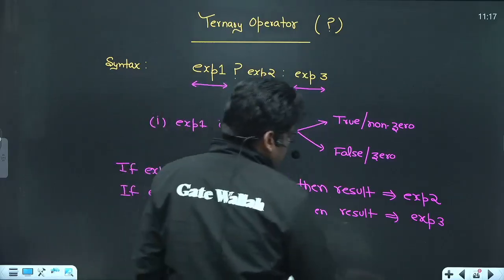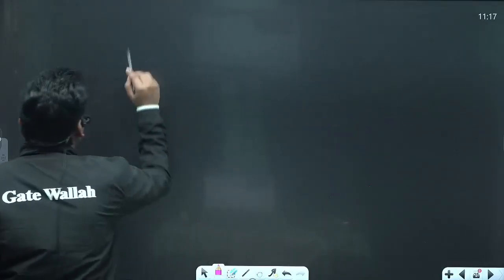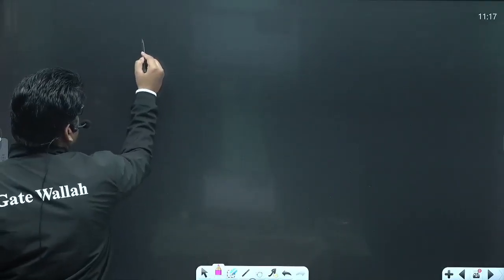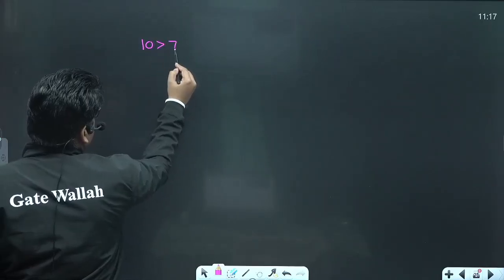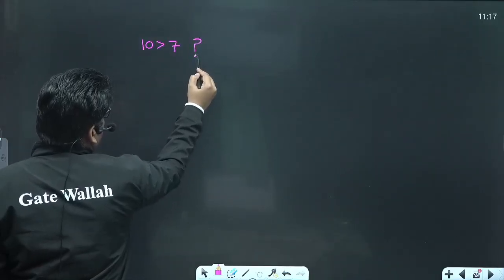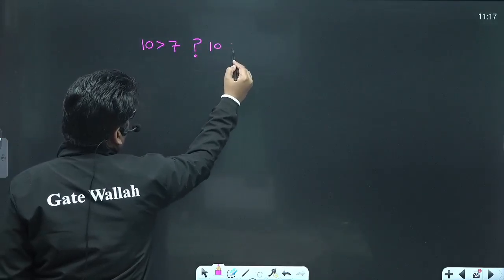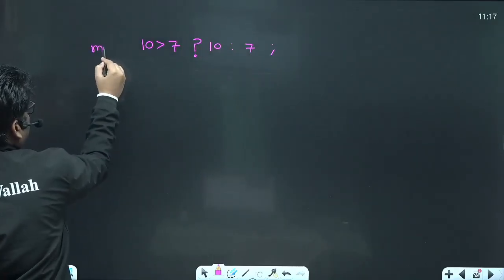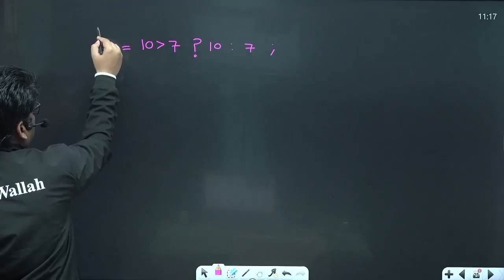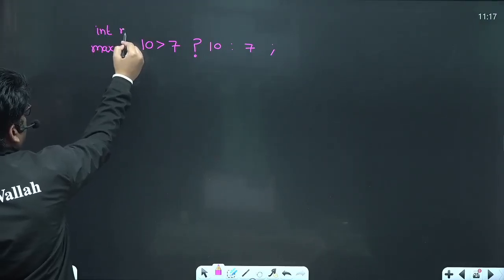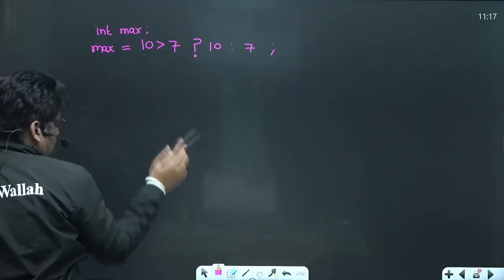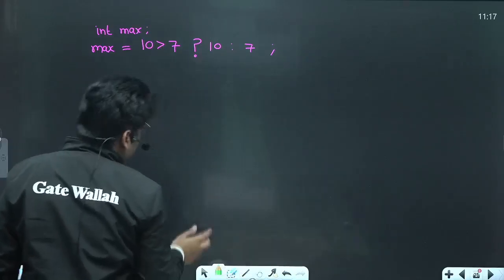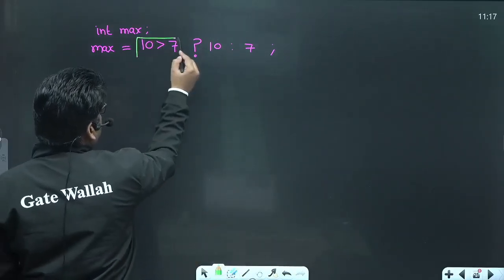Let's see. If I ask you something like this, 10 greater than 7, question mark 10 colon 7. In this, first 10 greater than 7 would be evaluated.